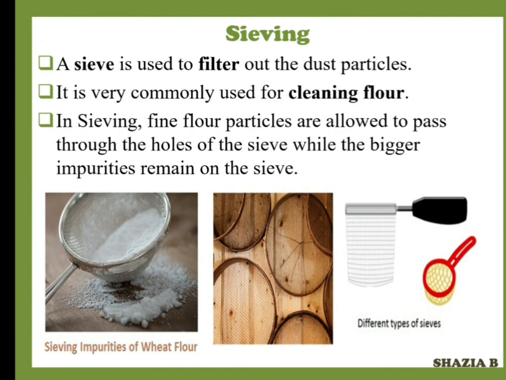In order to separate particles of similar size, we usually use the process called winnowing, but the disadvantage is that we cannot separate particles having the same weight.